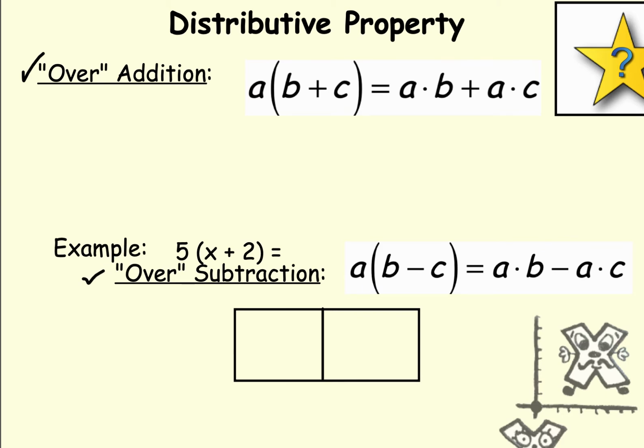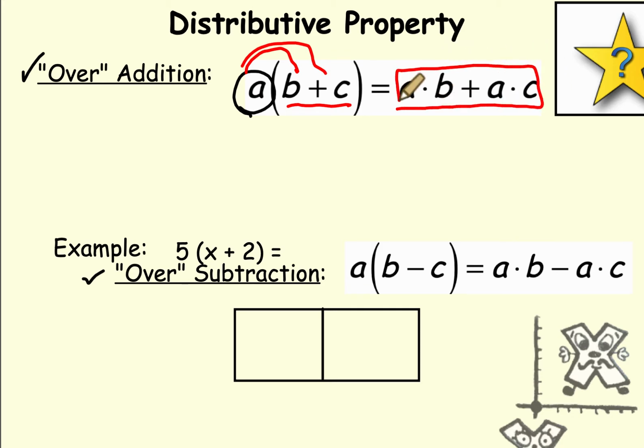So algebraically, what the distributive property says is that anytime we have a factor, I'm going to call it A, times an expression with two or more terms, that factor has to be multiplied by each of the terms in that expression. So we get something that looks like this as a result.